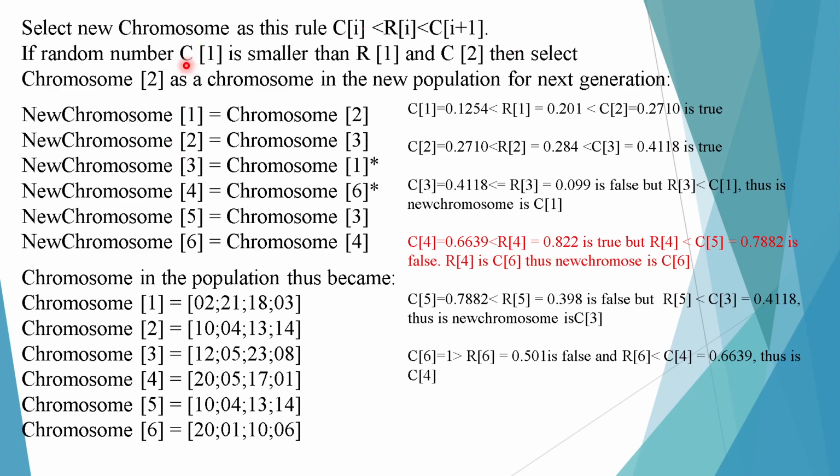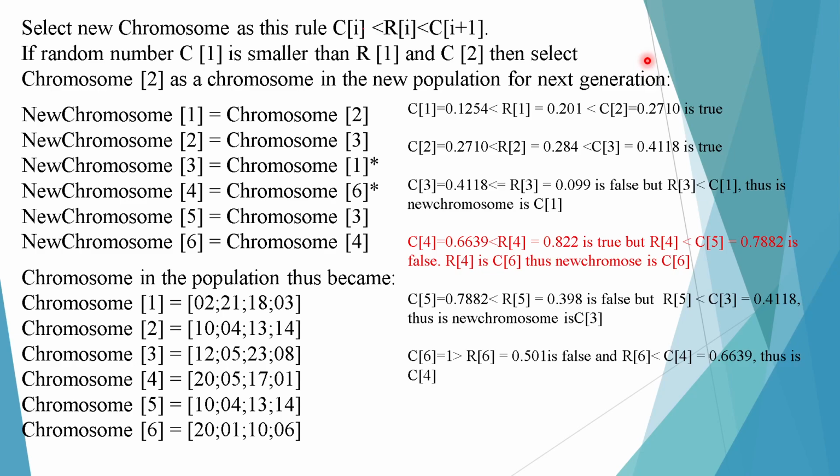For example, if random number R1 is between C1 and C2, then select chromosome 2 as the new chromosome 1 in the new population for the next generation.